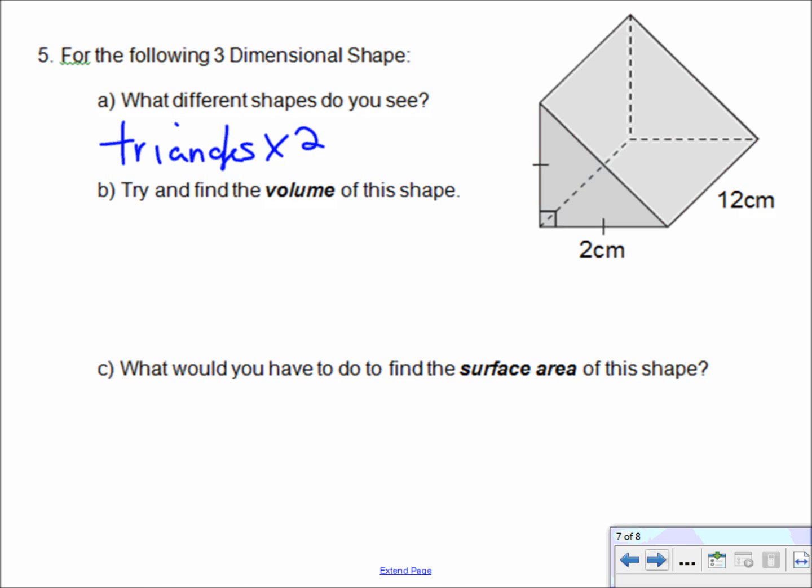So we see triangles times 2 because the ends. And we see rectangles times 3. But the rectangles actually aren't all the same size, but we can talk about that in a second.